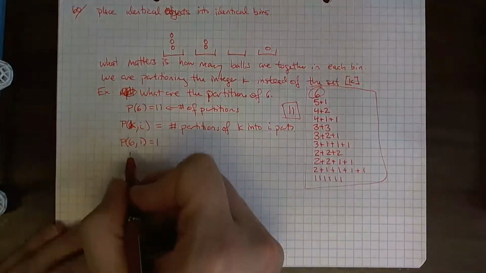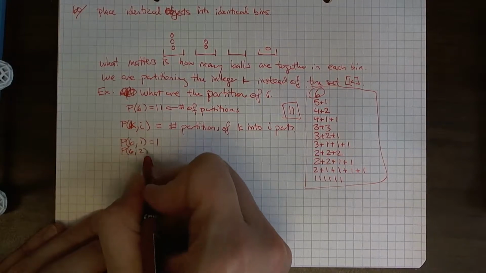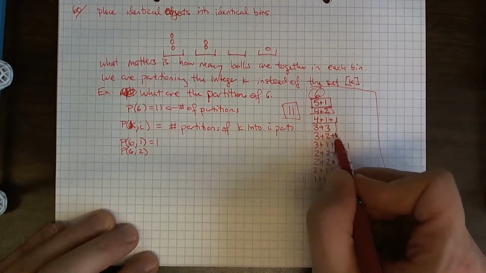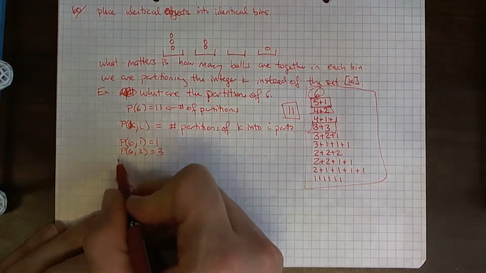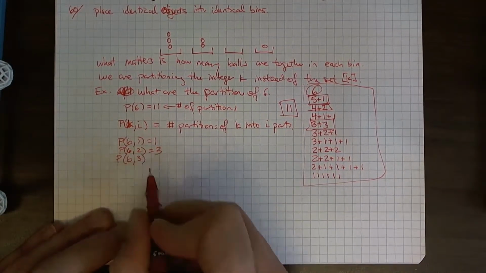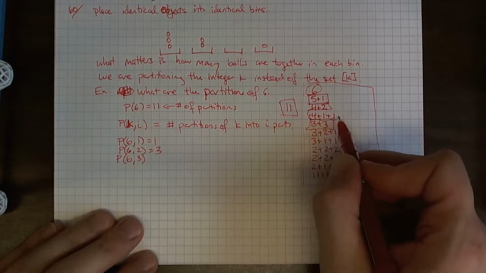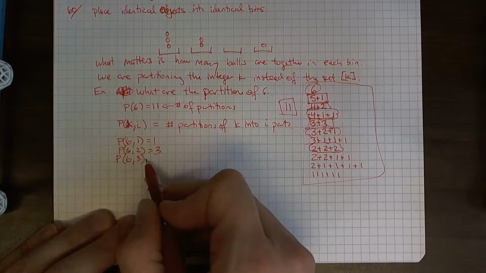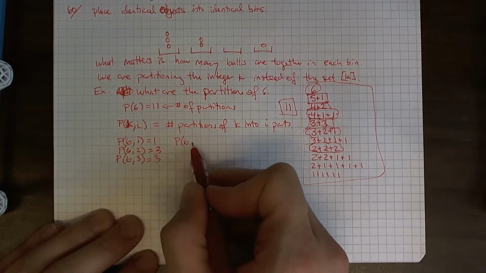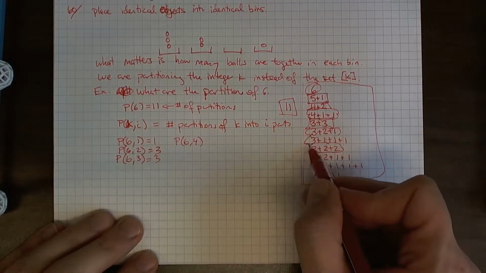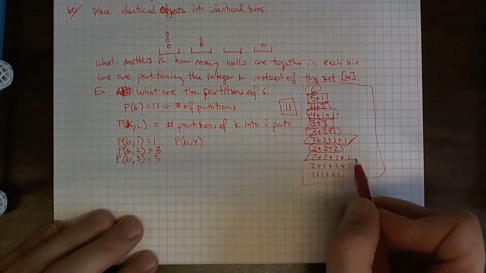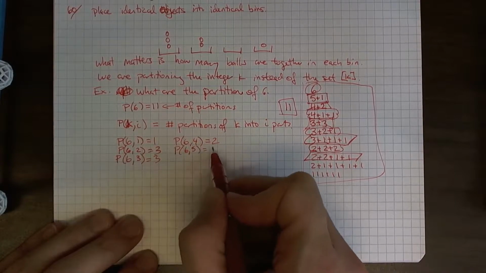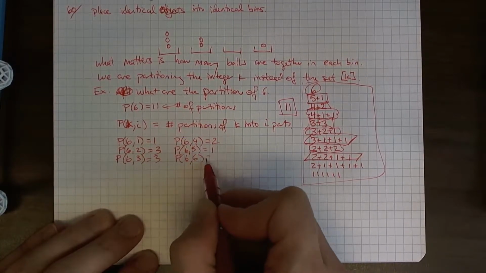There's just one. How many ways to partition 6 into two parts? Well, we have 5 plus 1, 4 plus 2, or 3 plus 3. So that's 3. How many ways to partition 6 into three parts? That's 1, 2, 3. Partition 6 into four parts, we've got 2, and p 6, 5 is 1, and p 6, 6 is also 1.